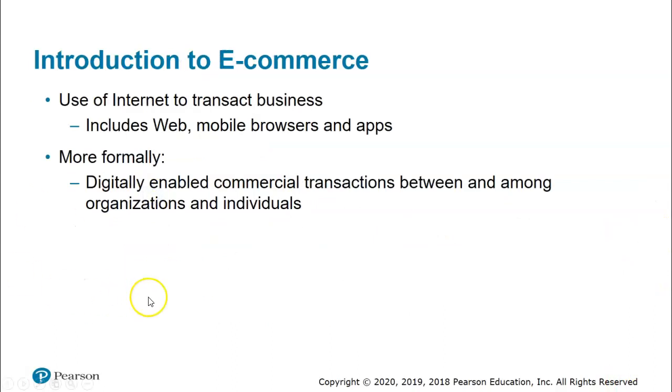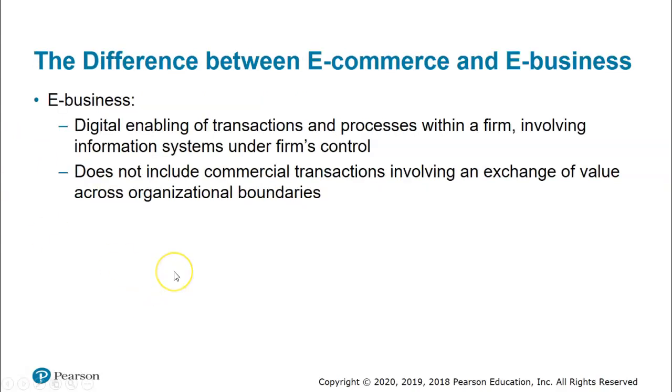So in terms of the definition for e-commerce, my favorite definition is using the internet to buy and sell things. The formal definition from our text is there for your perusal, but it really comes down to the idea of buying and selling things using the internet. So what's the difference between e-commerce and e-business?